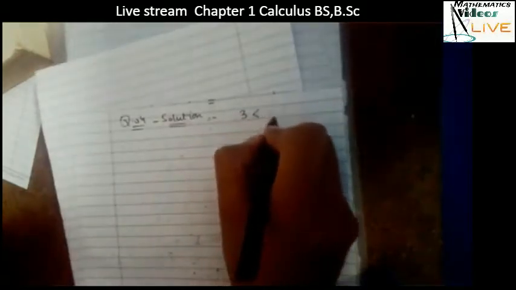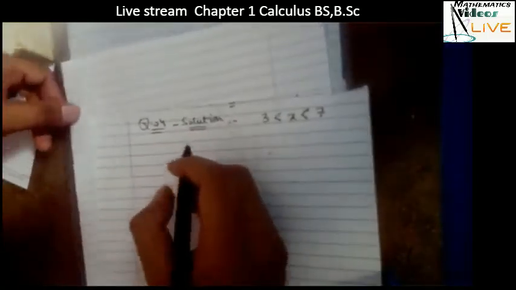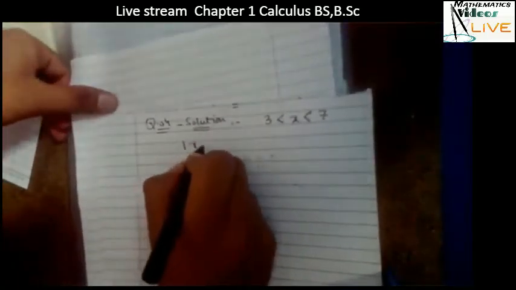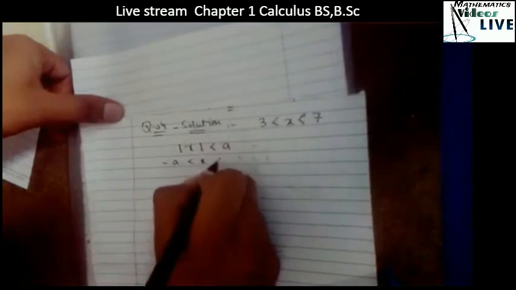Question number 4. Express 3 less than x less than 7 in modulus notation. This is quite important and a very simple question. You're given that 3 is less than x, which is less than 7. Note that mod x less than a implies minus a is less than x less than a.